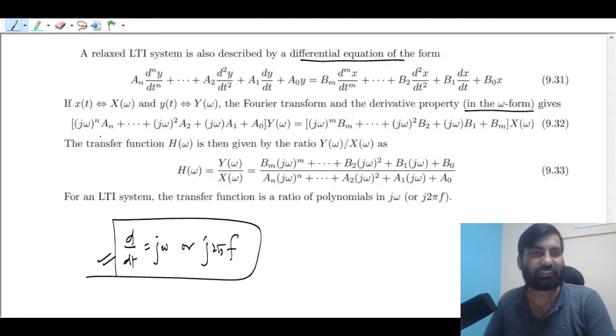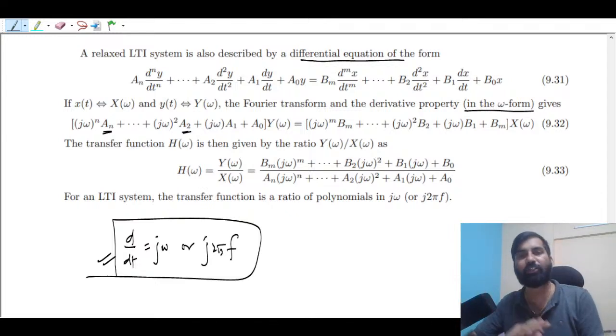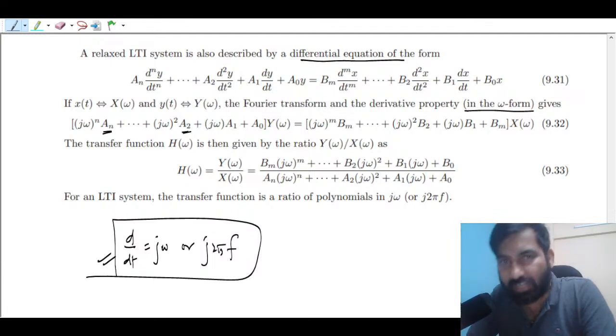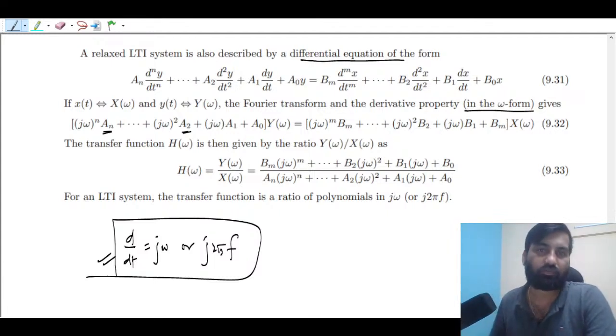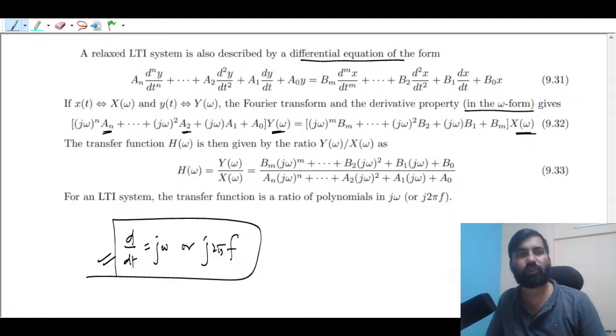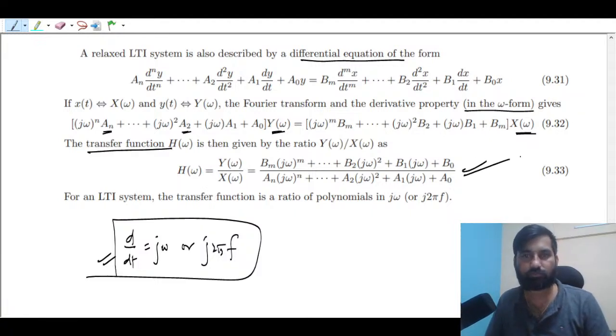These are the coefficients, the constant coefficients. In the time domain I have discussed the relationship between input and output described by the differential equation. Here we are taking the Fourier transform of that, and take the ratio of Y of omega and X of omega to get the transfer function.